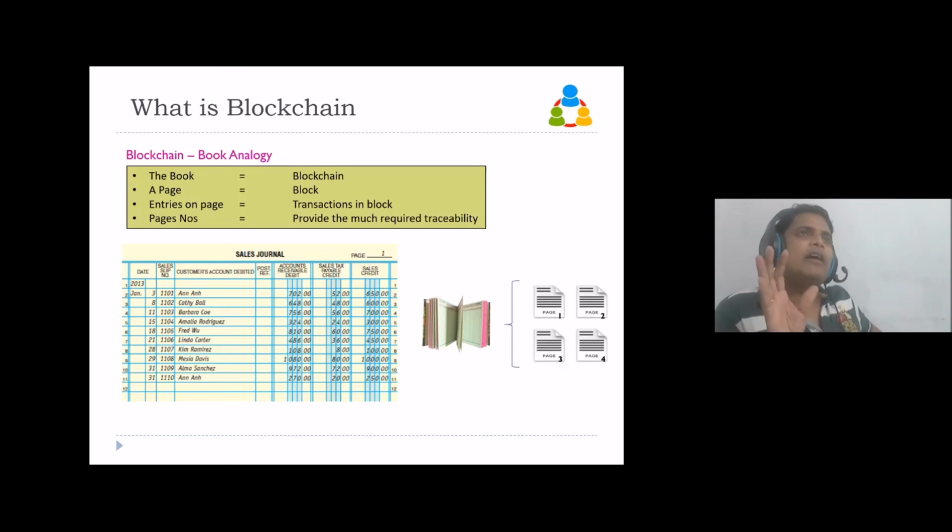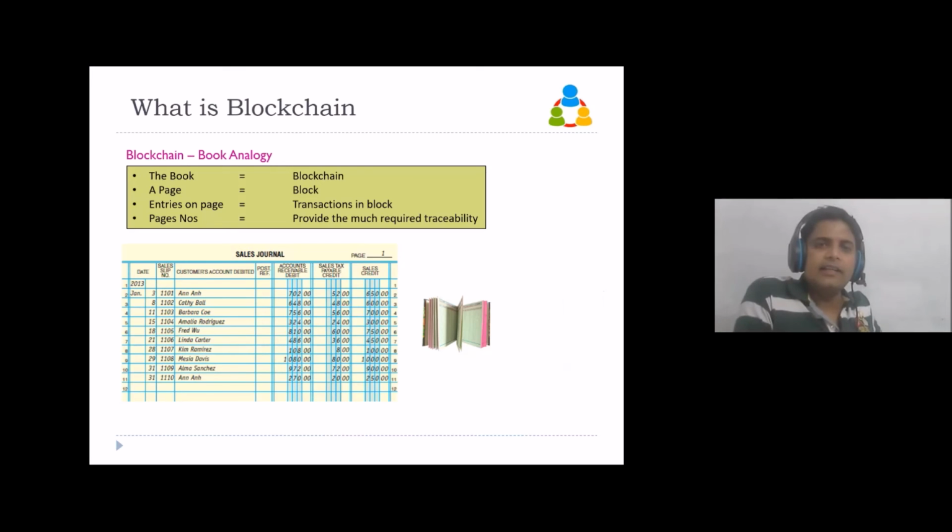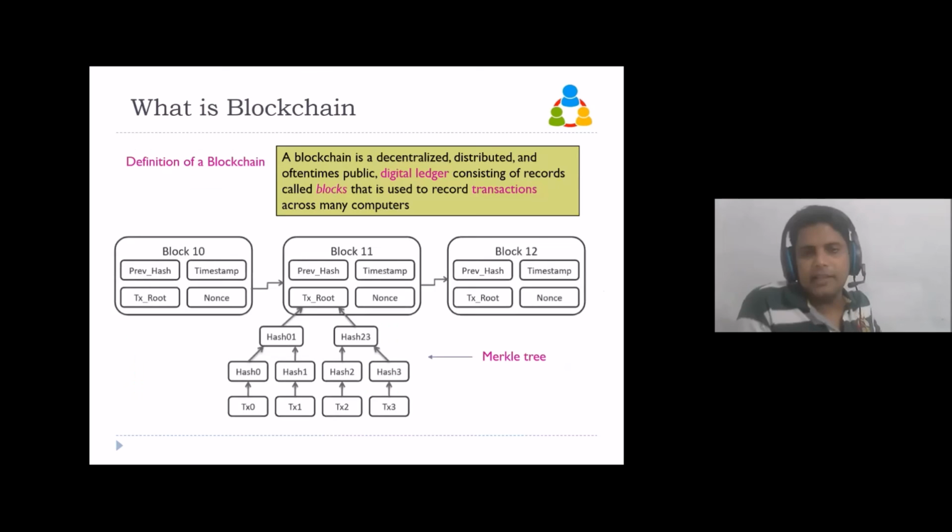And if you manage to go and modify, let's say, block number 100, like I said earlier, if you modify data in your computer, your hash will be recalculated and your block's hash will change.